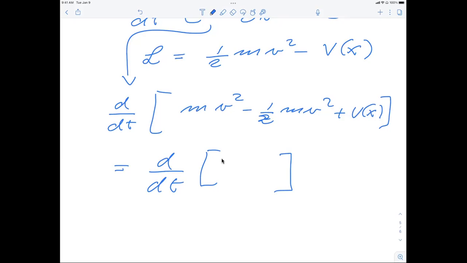Without going through all this discussion about conservative forces, we actually show that energy is conserved by just looking at the Lagrangian, rewriting these Euler-Lagrange equations, and simply asking ourselves what happens if I take the time derivative of this Lagrangian.